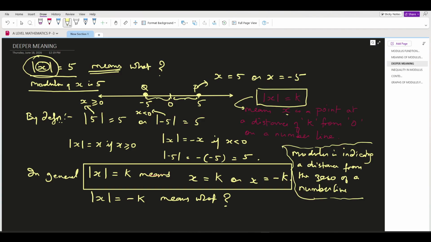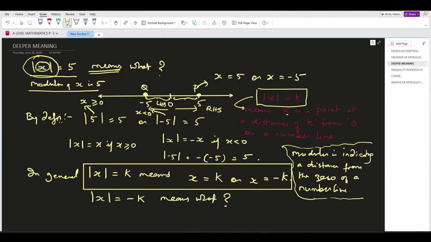Distance is a scalar quantity and you always take distance as positive. Distance you never take as negative. But this 5 is representing that distance from 0 on the right hand side, and this minus 5 is indicating distance from 0 on the left hand side.